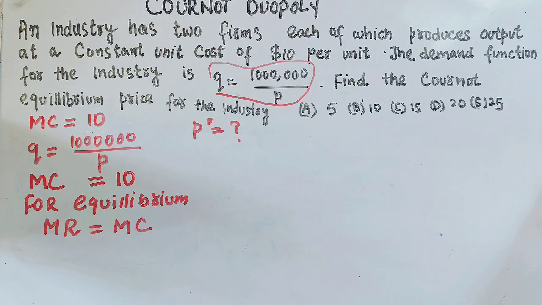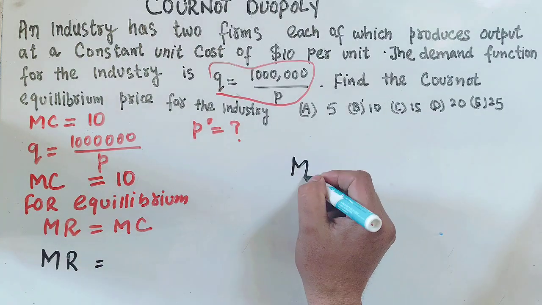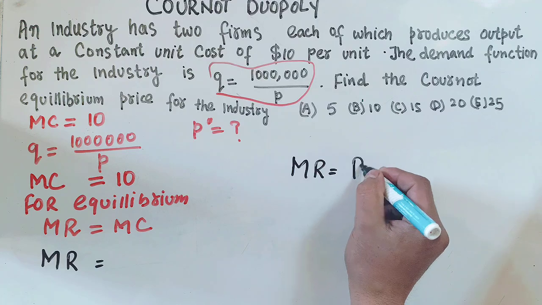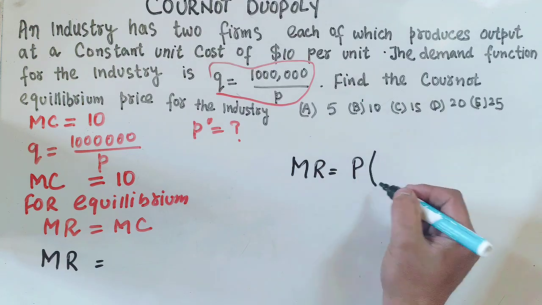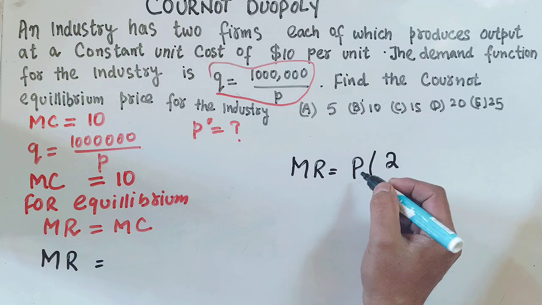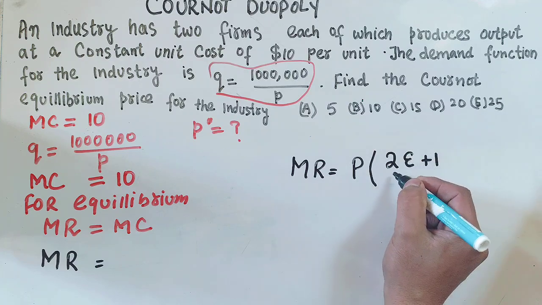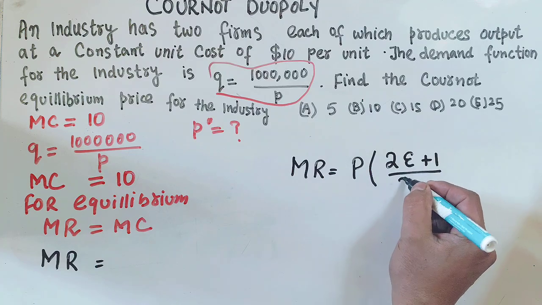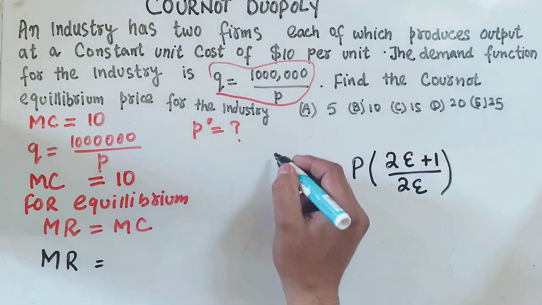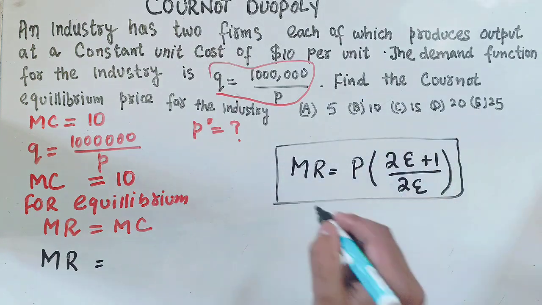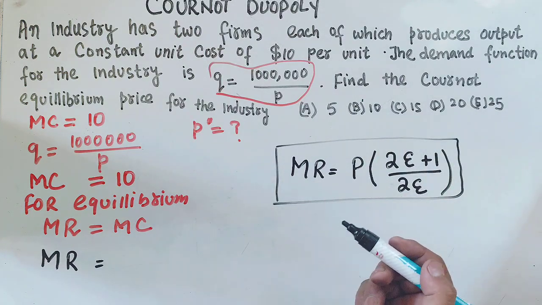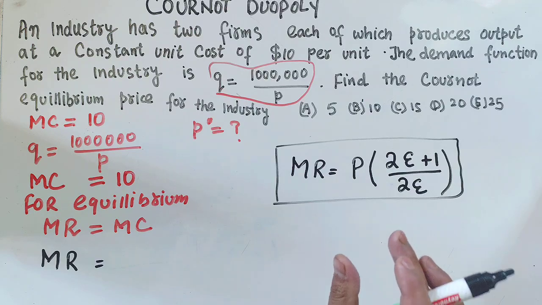Now what is the marginal revenue in this case when we have this kind of demand function? Marginal revenue will be equal to price times (2 times the elasticity of demand plus 1) divided by 2. This is the formula for calculating the marginal revenue when we have a two-firm Cournot model.